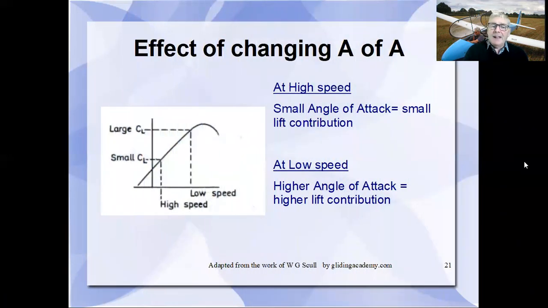So if I now take you back to the coefficient of lift diagram, we can see that at high speed we have a relatively small angle of attack and a relatively small contribution to the total lift. And at low speed we have a higher angle of attack, and therefore it provides a greater contribution to the lift being created by the wing.